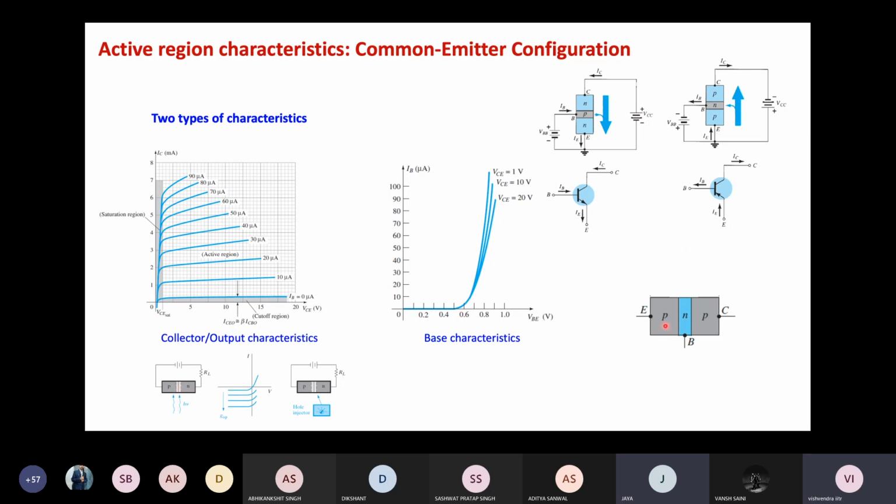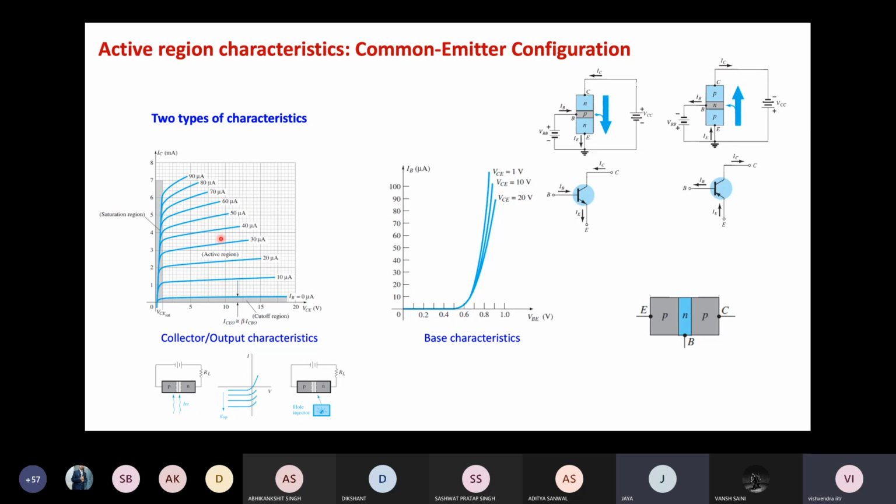But in this case, minority carriers will be more because of the more emitter current or more base current, which are both related to each other. And if we take a mirror image of these characteristics and bring them in the first quadrant, this is how they look like.